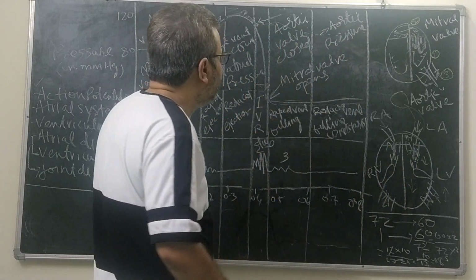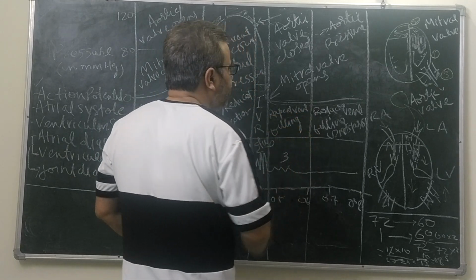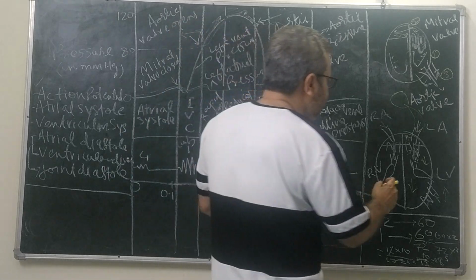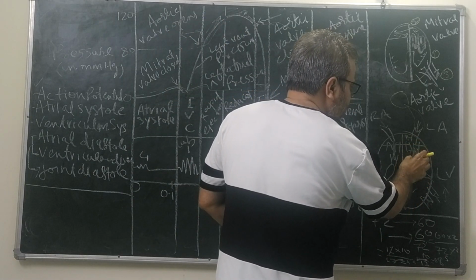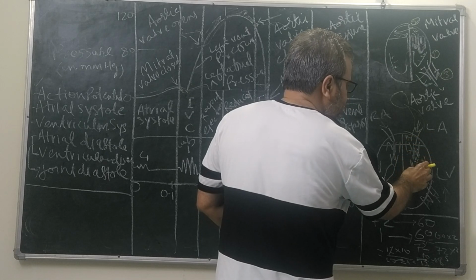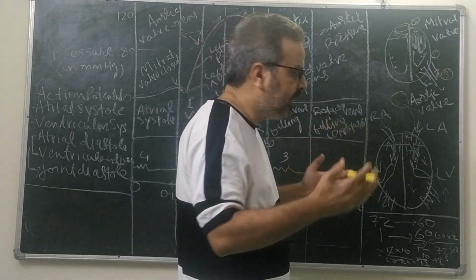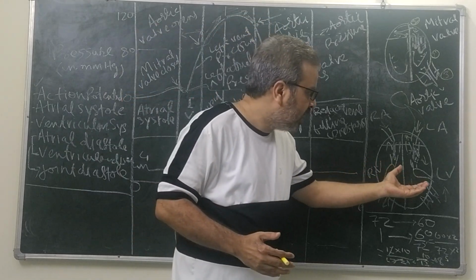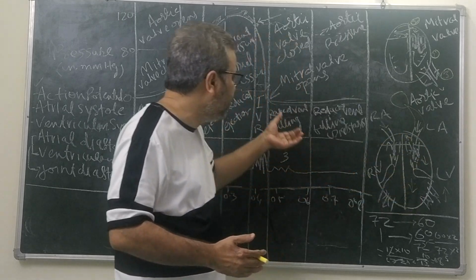After that, we can see here that it is the rapid ventricular filling. It is the starting point when the pressure is less. The ventricle is empty and blood is pushing into the ventricle. At this point, the ventricular pressure is less, so the filling is more, or rapid filling period.